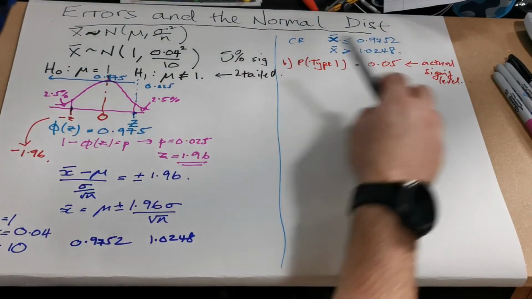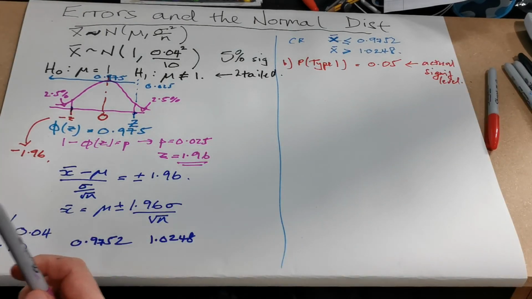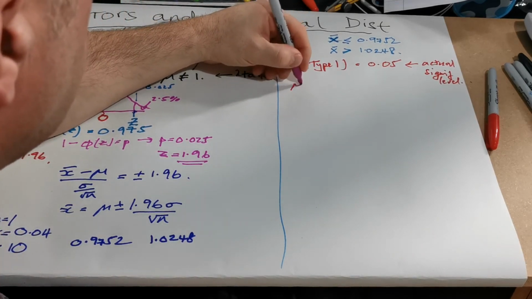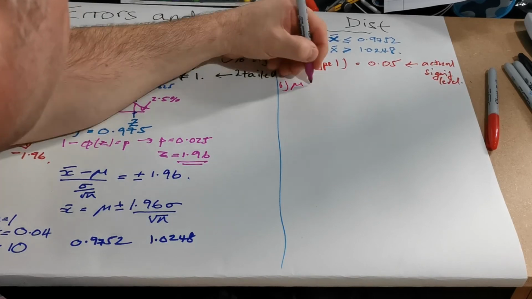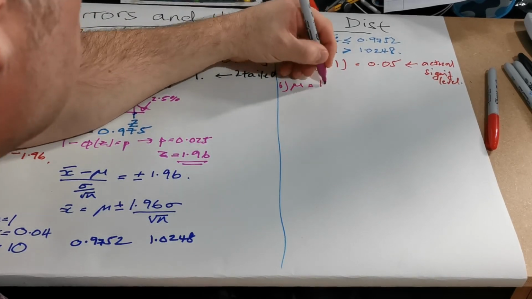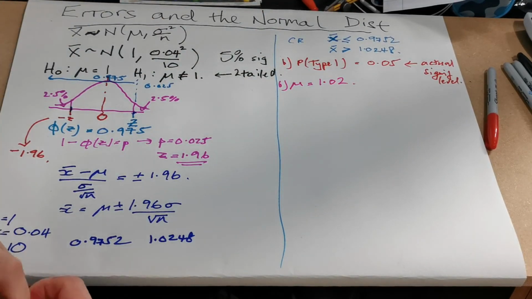And then the question says, assuming the mean weight has in fact changed to 1.02, so mu is 1.02, what's the probability of a type 2 error?